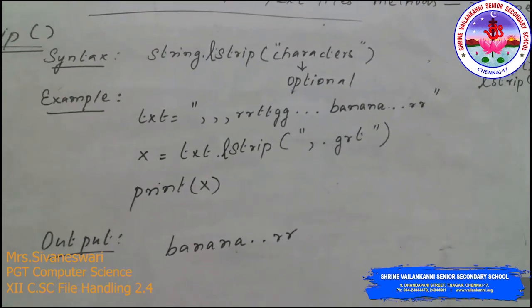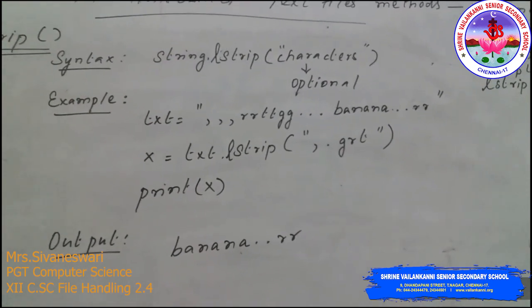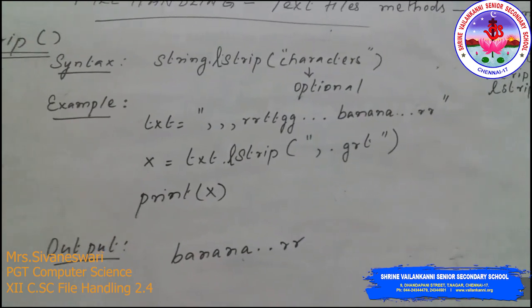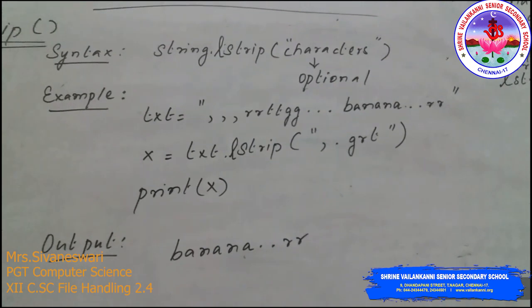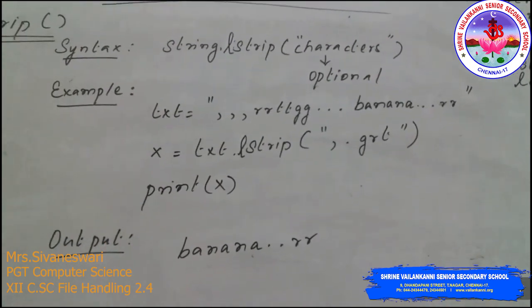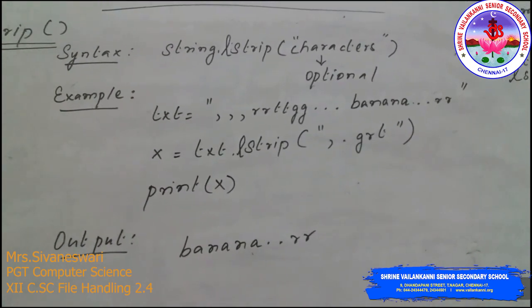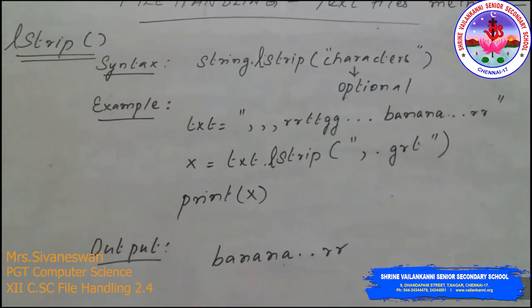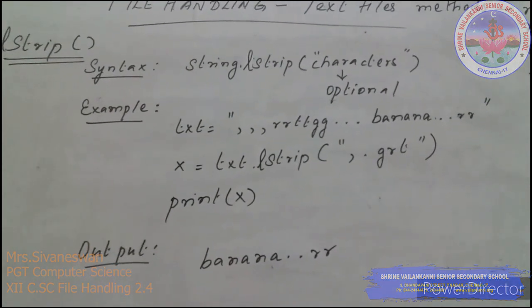When we execute this code, the lstrip, that is the left side leading characters, whichever is mentioned inside lstrip, will be removed. So the output will be banana, and the right side will exist, dot dot RR. This is how the strip functionalities work. Thank you.